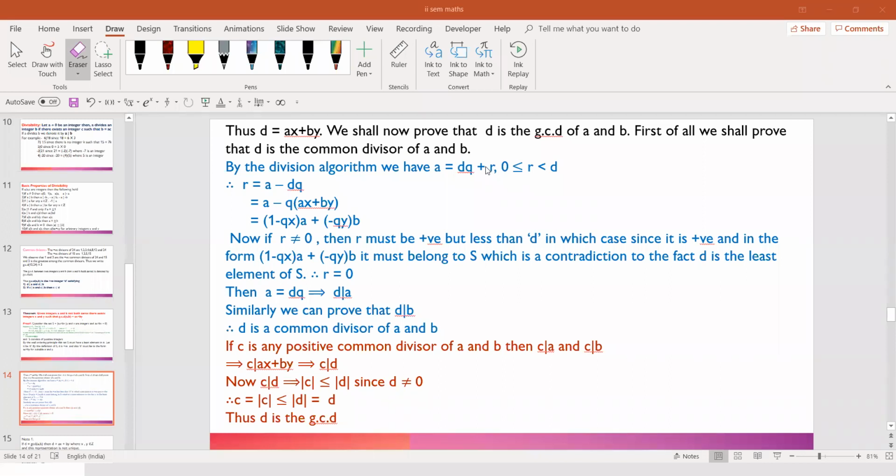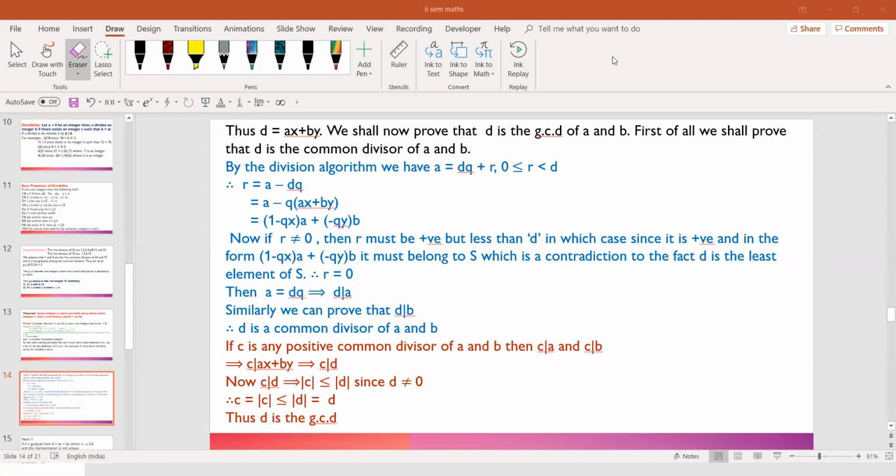If R is 0, that says D divides A. I want to show that the possible value for R is either greater than 0 or equal to 0. I have to show that it cannot be greater than 0.